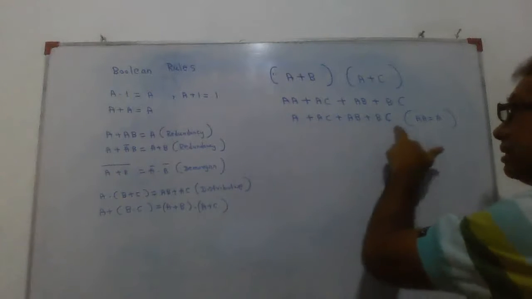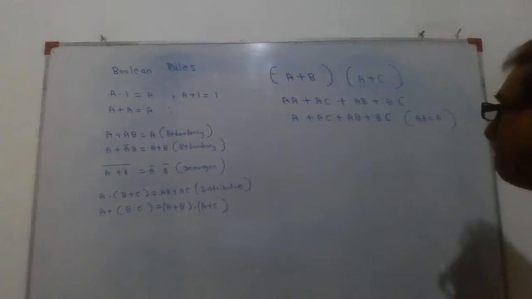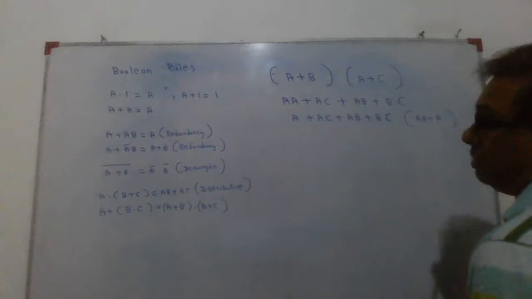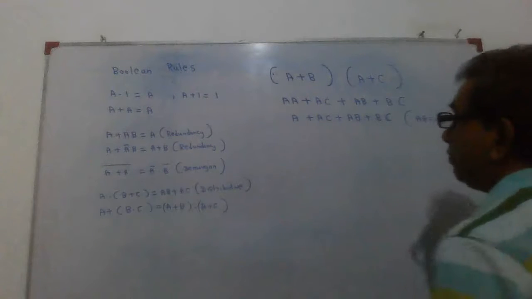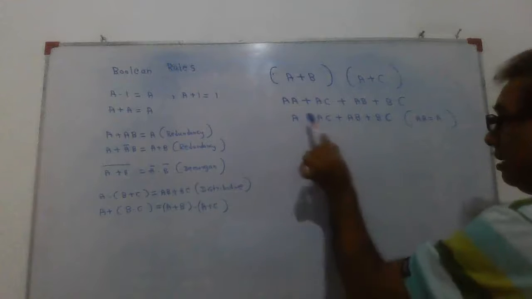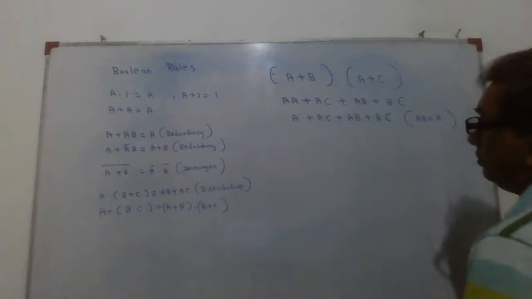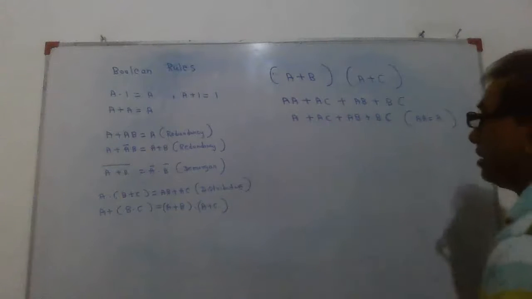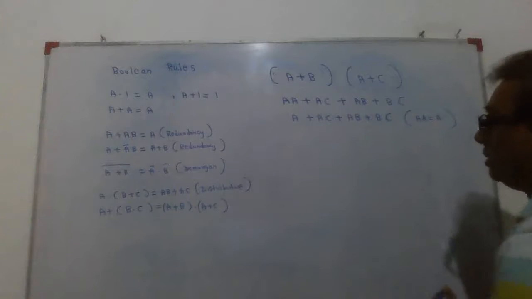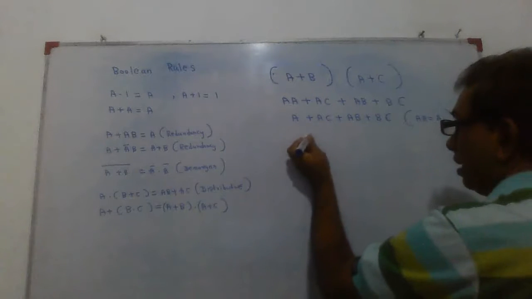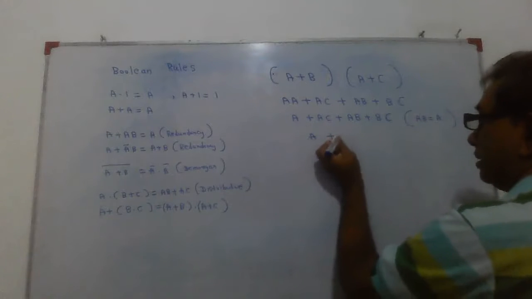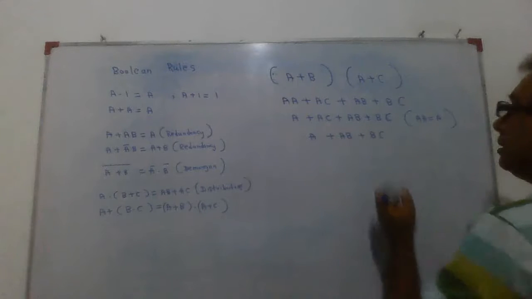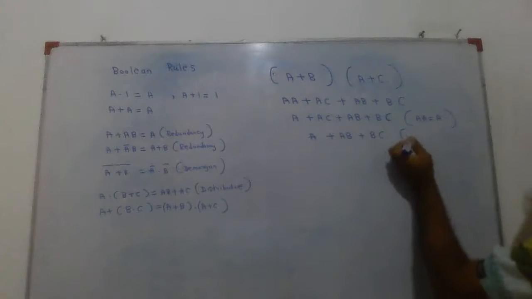Both are acceptable, both statements can be taken to reduce something. So I take A or A and C, which becomes A. Now I say A, or A and B, or B and C. The rule was the redundancy law.